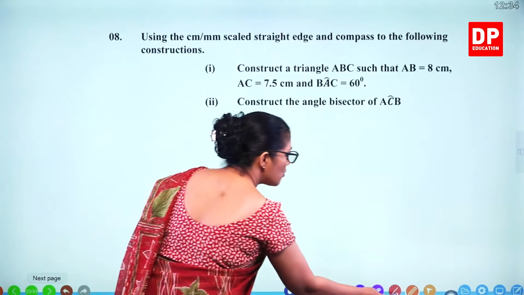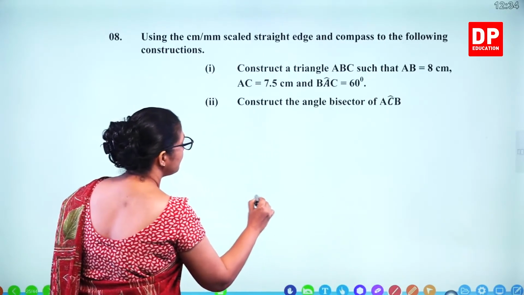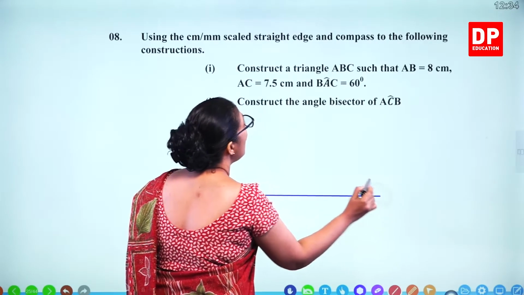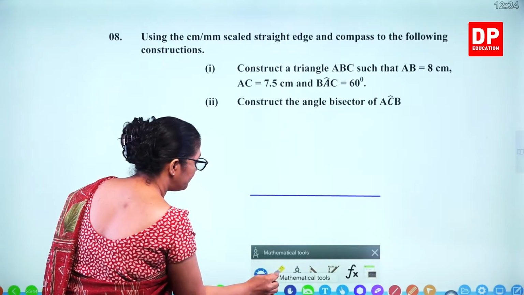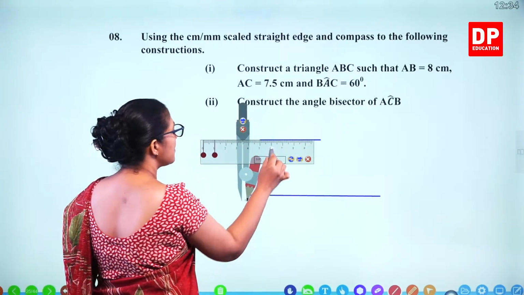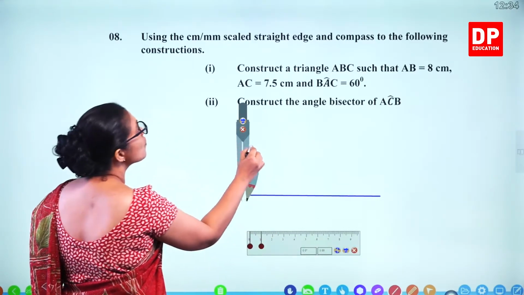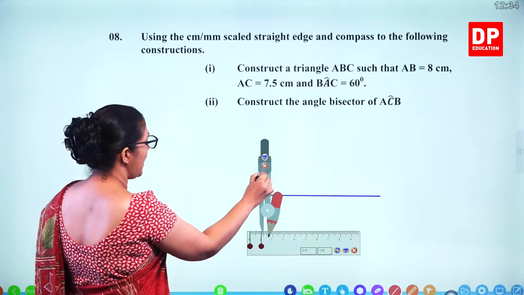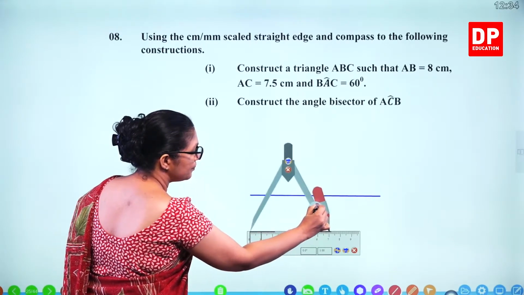So first draw a straight line. And then we have to measure 8 centimeters. So take the compass. So we need 8 centimeters. So we'll take 8 centimeters first.